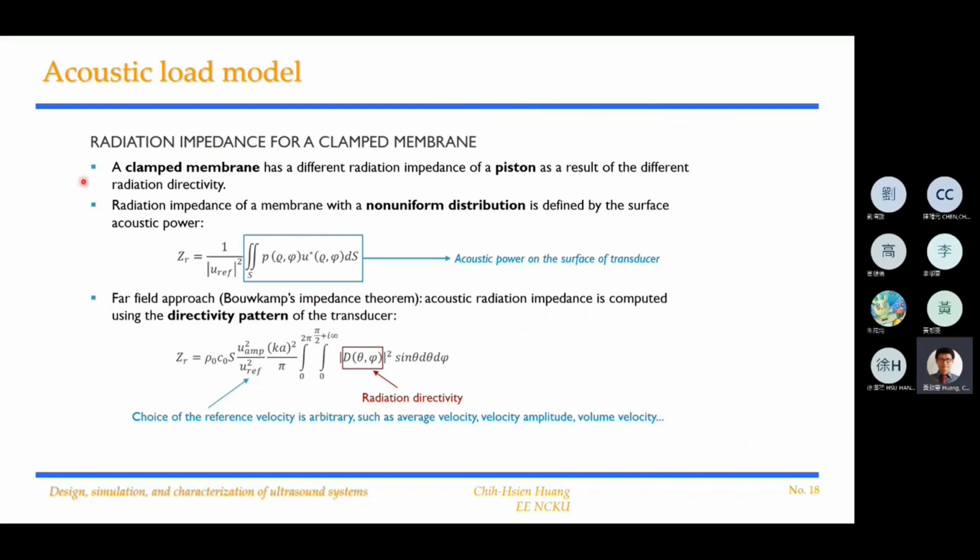Then we will introduce radiation impedance for a clamped membrane, which is more similar to the PMUT, right? Because the previous one is a piston, which means every unit moves together, but that does not happen in the PMUT. For the simulation here, the equation is more complicated, so we are not going too deep. We just need to know the concept that the impedance on a membrane is not uniform.